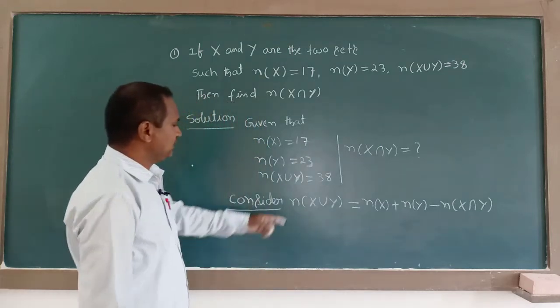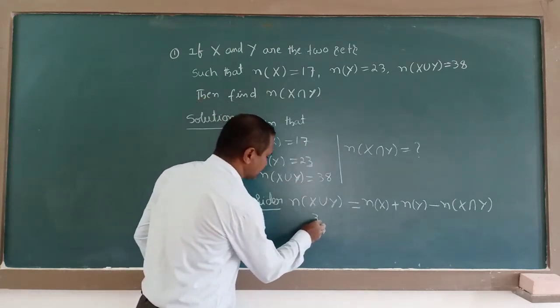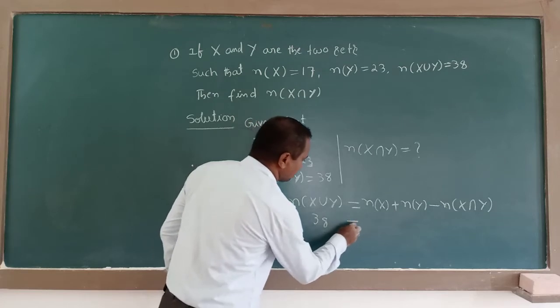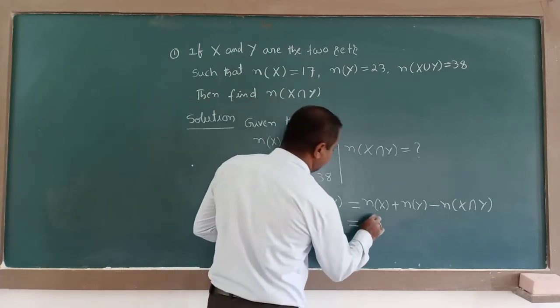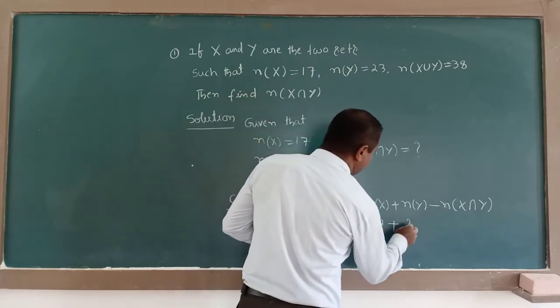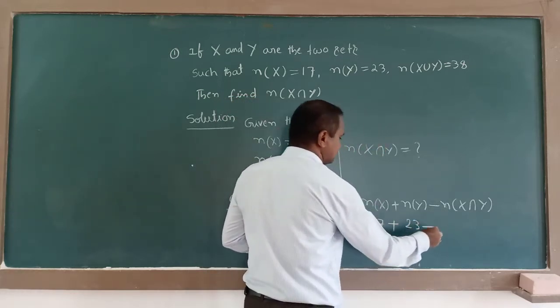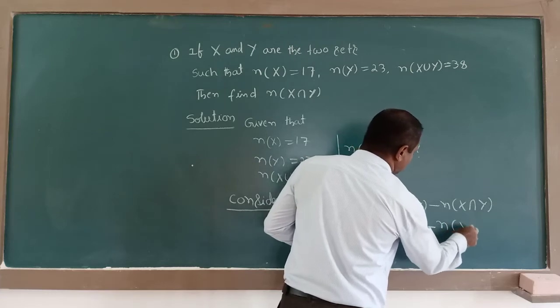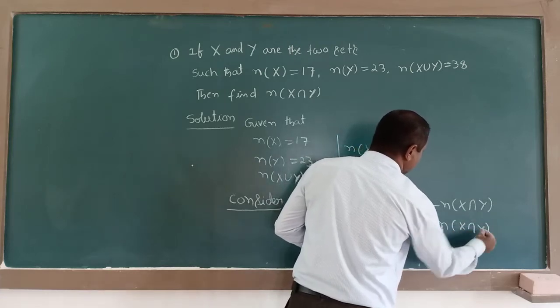N of x union y is how much here? 38. N of x is how much here? 17. Plus n of y means here 23, minus n of x intersection y.